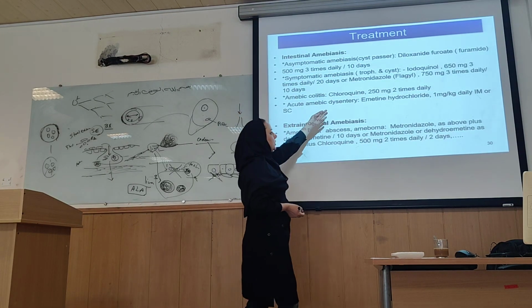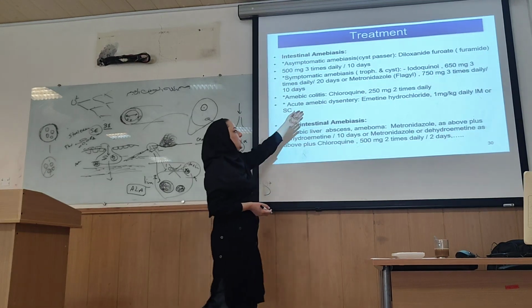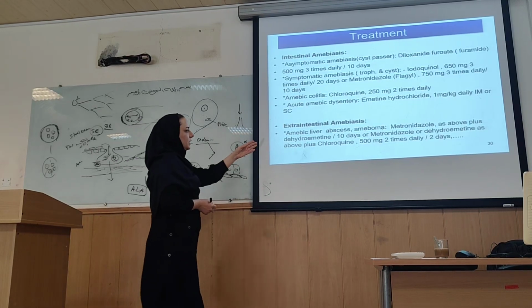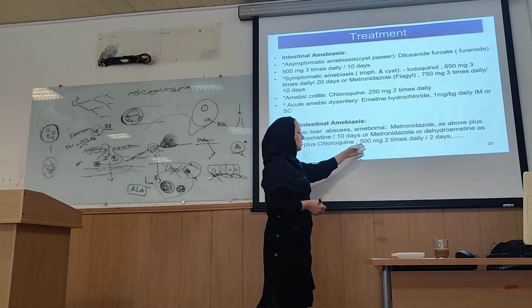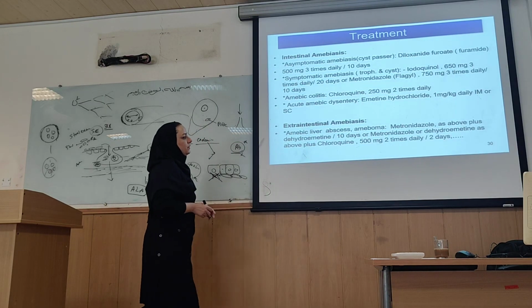You see chloroquine. Chloroquine is the drug for malaria, but we also use it for colitis. And also for extraintestinal, we use metronidazole or chloroquine, and different drugs can be used.